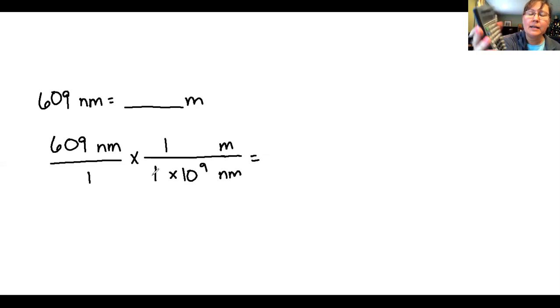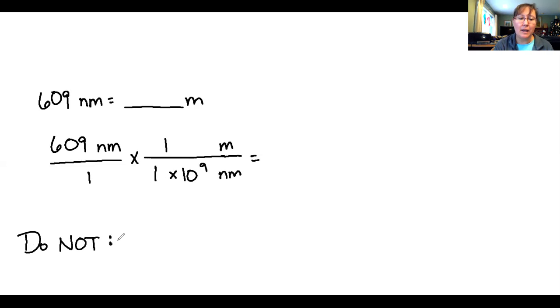They all work a little bit differently. Every calculator is going to do scientific notation differently. So you do not want to type in a 1 and then a times and then a 10 and then a caret and then a 9.